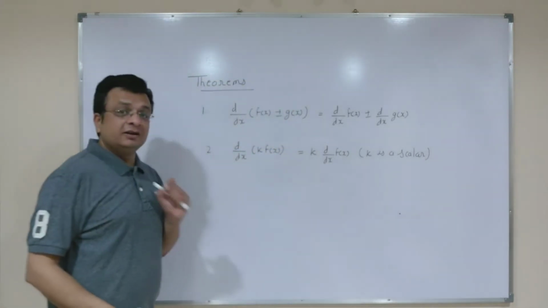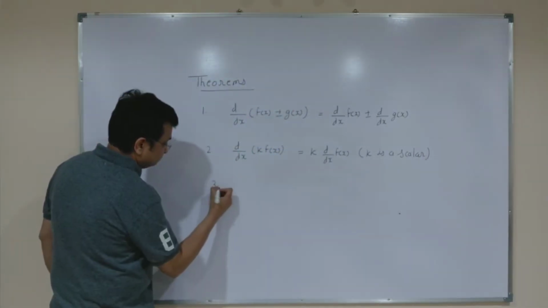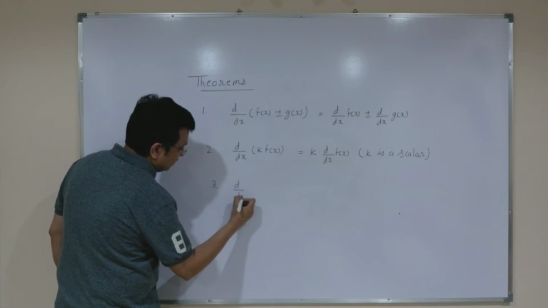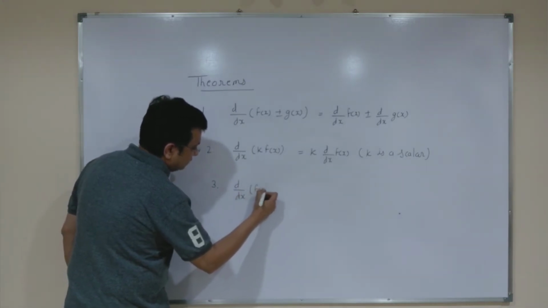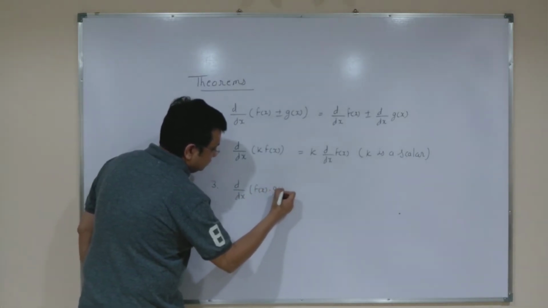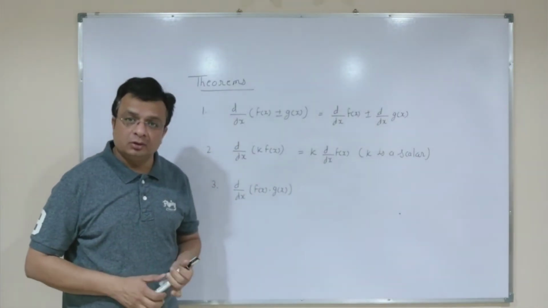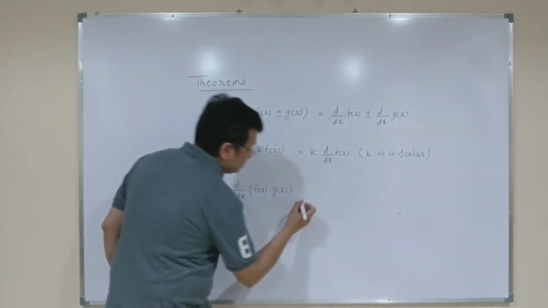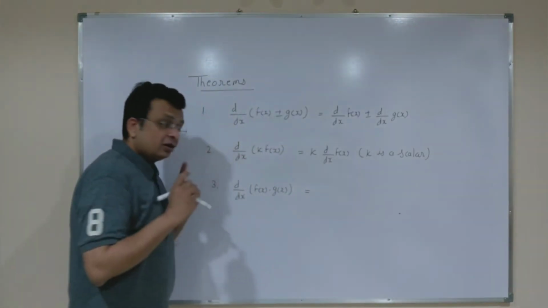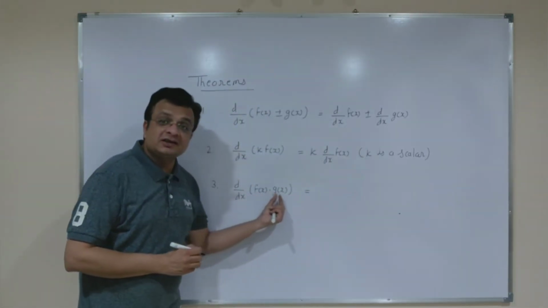Next, d by dx of f x into g x. This is also known as the product rule. Let's say this is the first function and this is the second function.